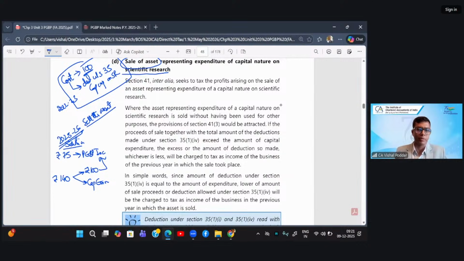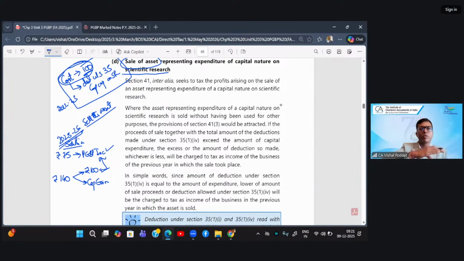The logic is simple. You had claimed deduction in the past of 100 rupees for this same asset. Now, when this asset is sold, to the extent of this 100, whatever you receive will be PGBP only. Why? Because I debited 100 in the past. Now on sale, when you are recovering the amount, to the extent of 100, whatever is recovered, I have to nullify the debit.